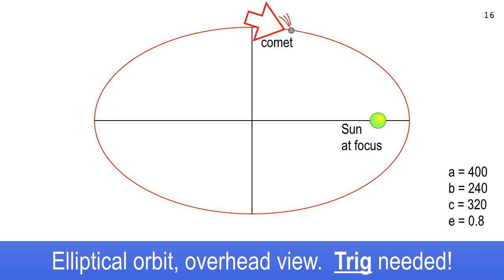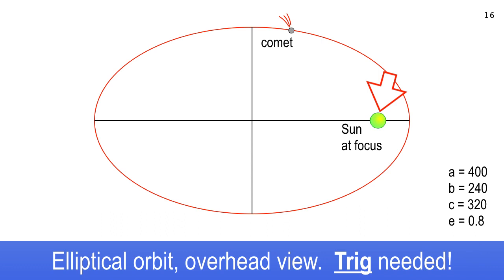Now up here is the comet, so we'll just put the comet. It's blazing around its orbit. No special point. It's not like it's at aphelion or perihelion. Here's the sun down here. The sun is at the focus, the right-hand focus in this diagram of the ellipse. Every ellipse has two foci, one to the left, one to the right.